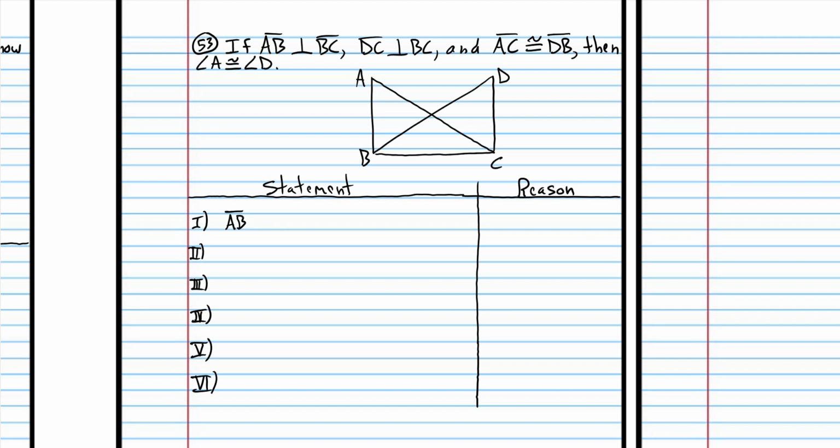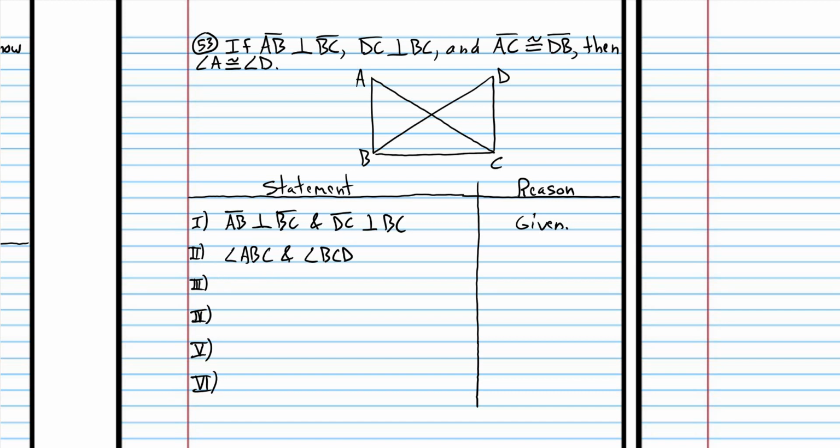AB is perpendicular to BC, and DC is perpendicular to BC. What that information tells us is that angle ABC and angle BCD, you can call it BCD or DCB, or you can call this angle ABC or CBA, it doesn't really matter.